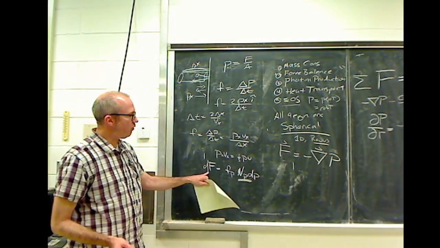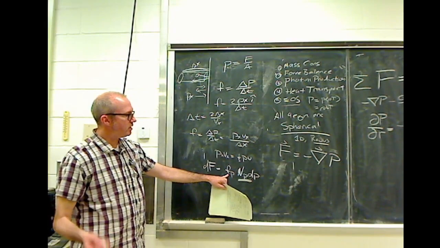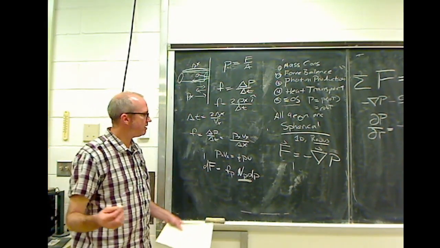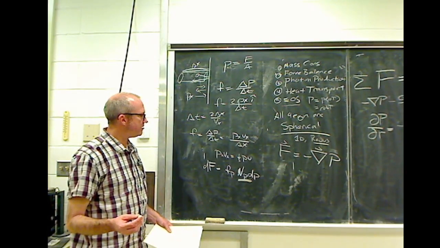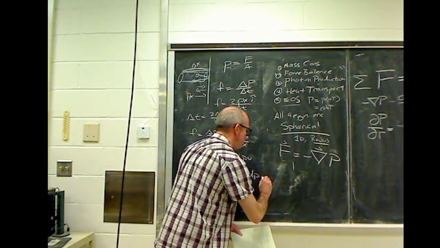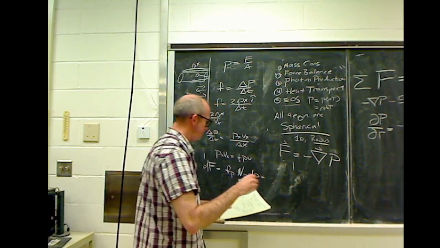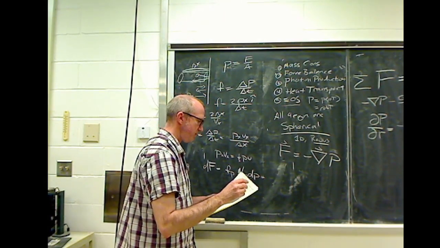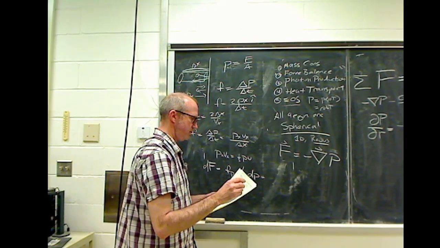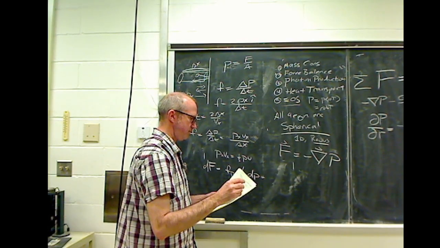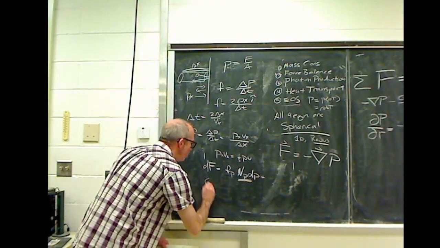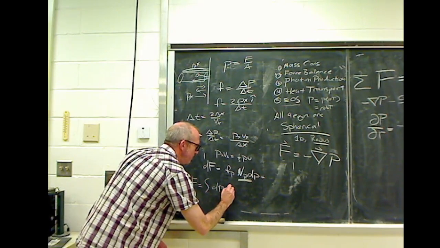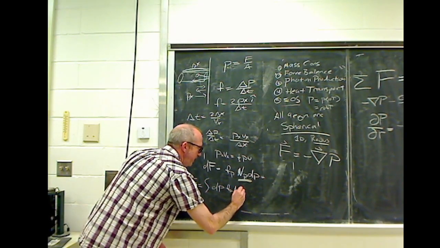If I want the total force, I'm going to multiply the force for each exchange times the total number of exchanges that I have for that. So the total force is going to be the integral along dp of f of p n of p.